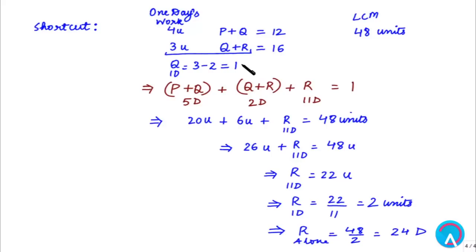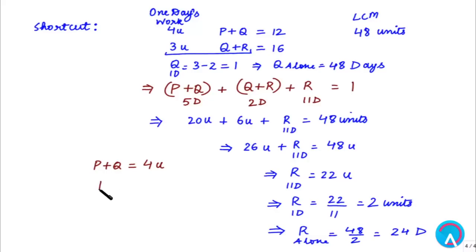So that means Q can finish 1 unit of work in 1 day, and if there are total 48 units of work, Q alone will take 48 days to complete this work. Same thing we can do for this also. It is given that P plus Q can complete in 1 day 4 units of work, and we found out that Q's 1-day work is 1 unit.